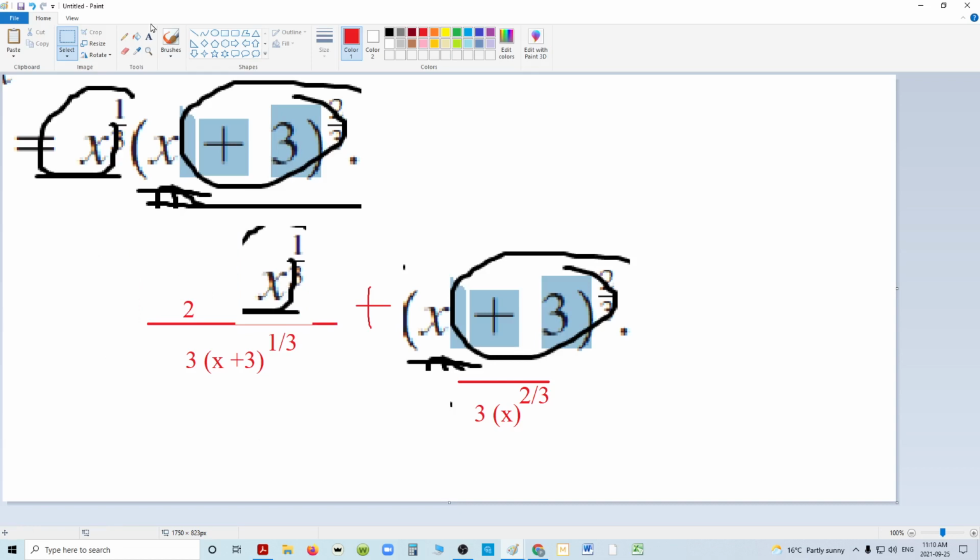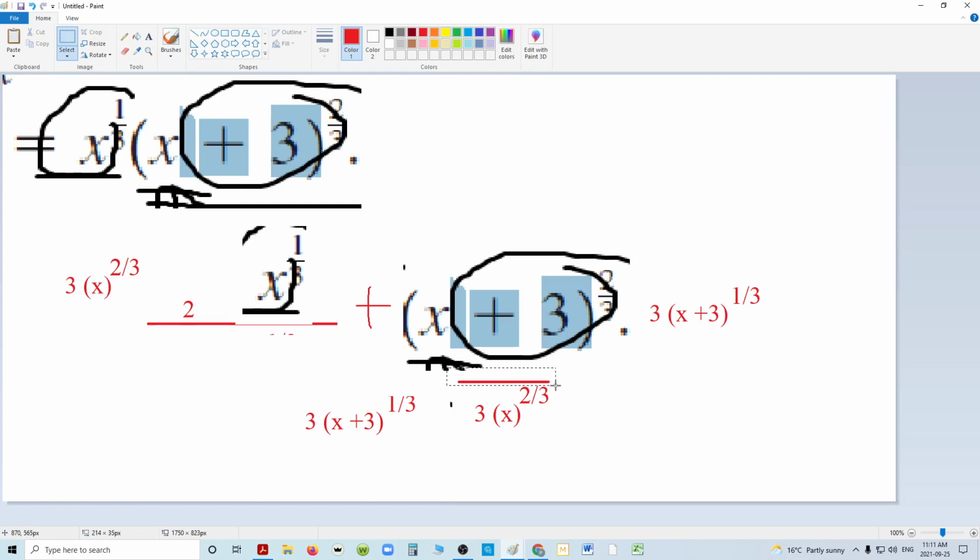In order to add fractions with different denominators, I must cross multiply. Three times 2 to the x, and then 3 this times this. And the denominators will simply be the terms multiplied.